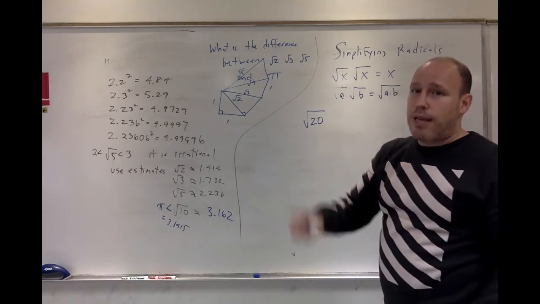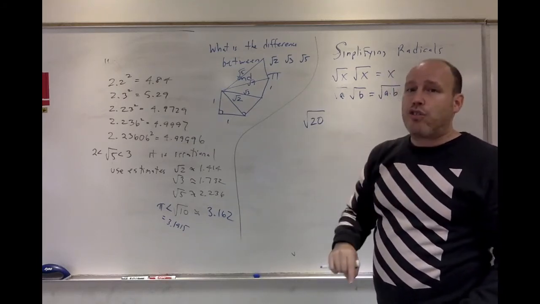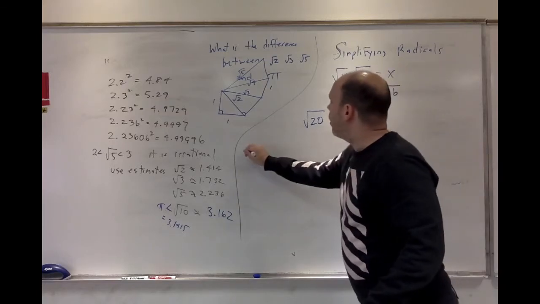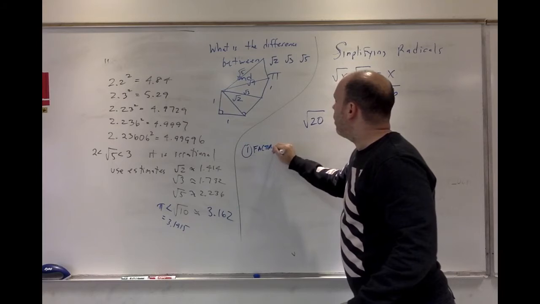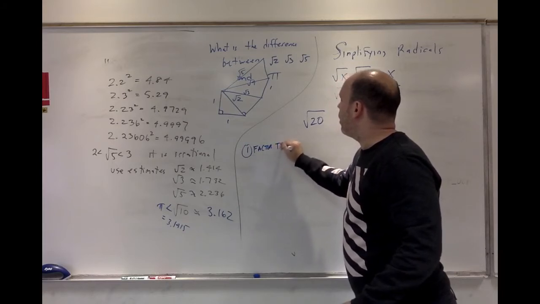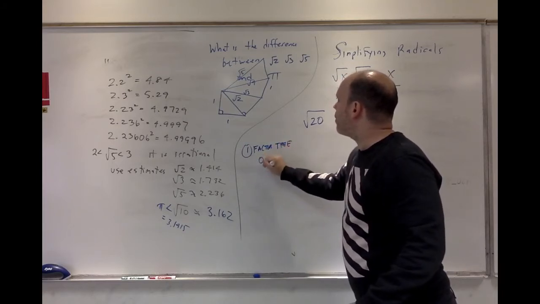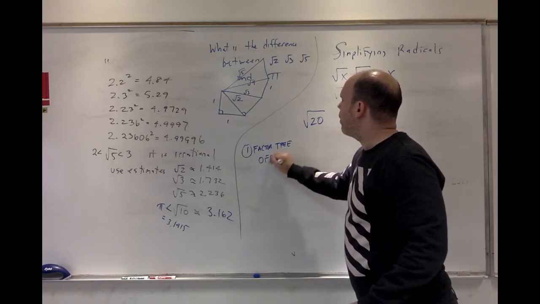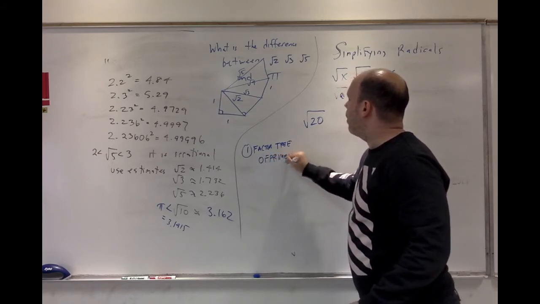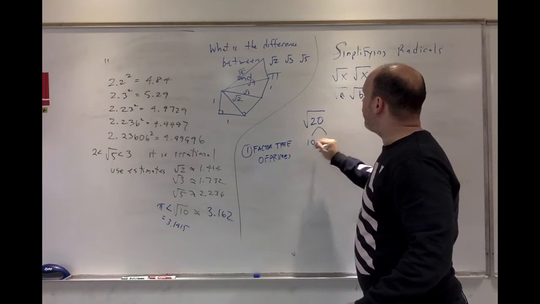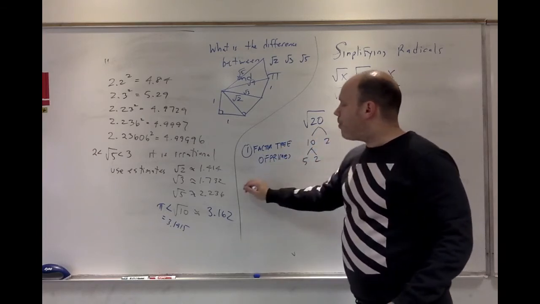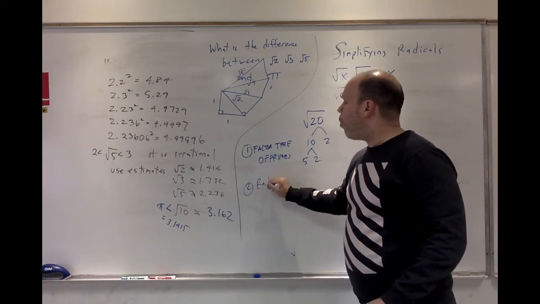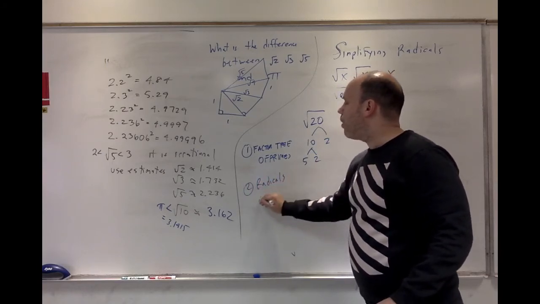It goes like this. Step 1, factor into primes. Make a factor tree of primes. So you go 2 times 10 and 5 times 2. Step 2, put radicals over the primes.